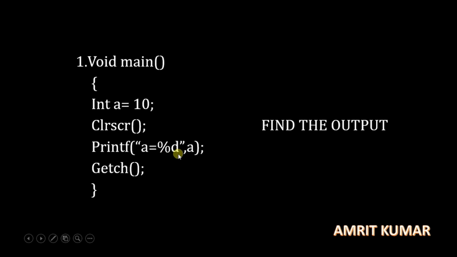It is the work of the format specifier to replace it with the value of the variable. So what will be printed here is a equal to 10, because a contains the value 10. Therefore the message a equal to 10 will come on the screen. Then getch is used to hold the screen.